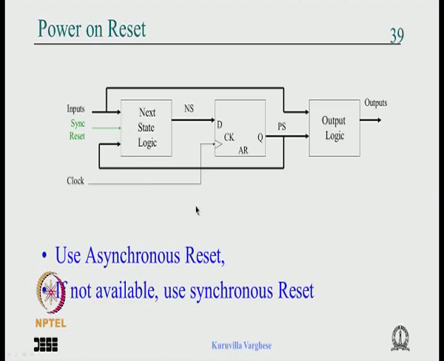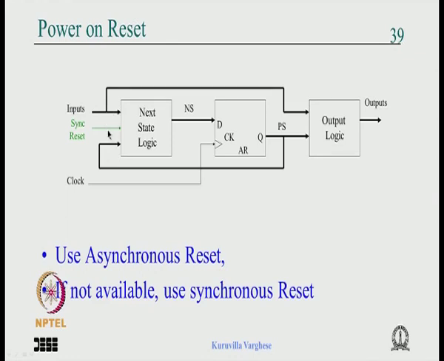And if it is not available, use asynchronous reset, and if that is not available, use a synchronous reset. So that is done, and from the experience we have with the kind of data path design, a clever student can already infer what the circuit could be. We have shown for a counter with the load signal that this reset has the priority. Definitely we know that synchronous reset has the priority.